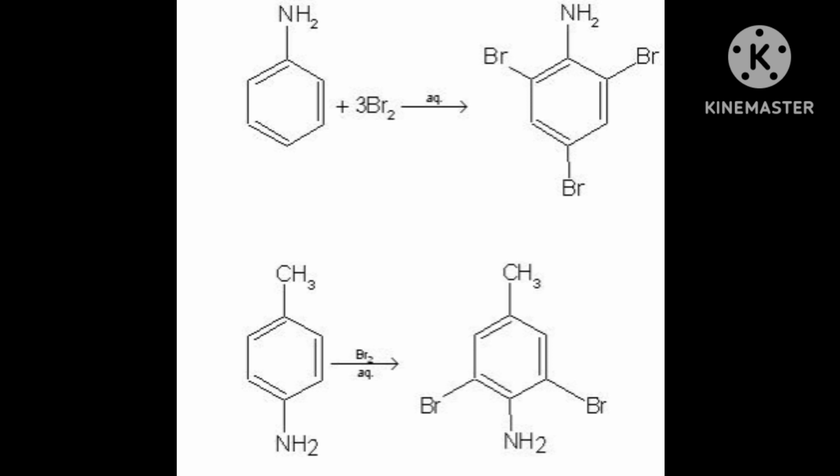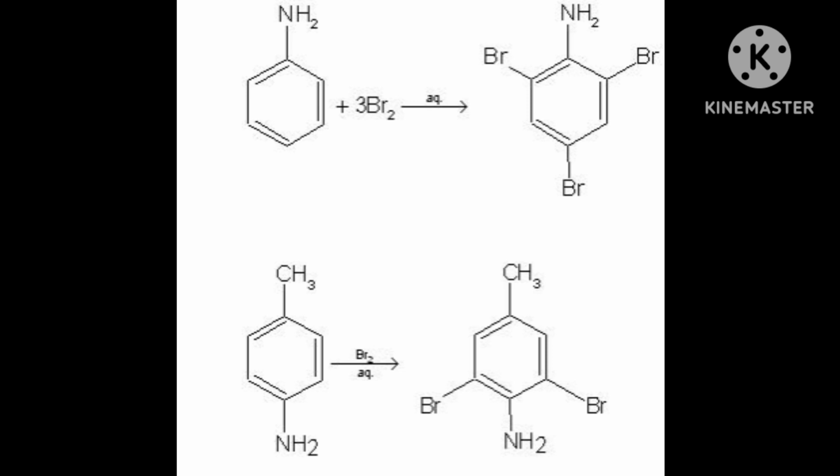For that purpose you have done acetylation. Now after that, the reaction will take place with bromine. This compound, acid anilide, also called N-phenyl ethanamide, will react with bromine.